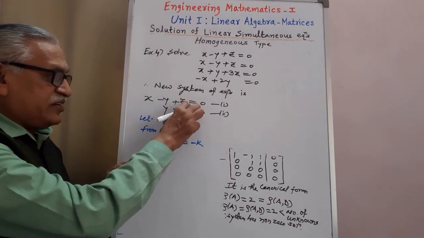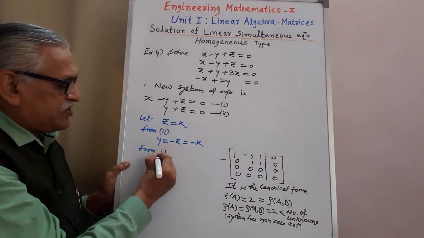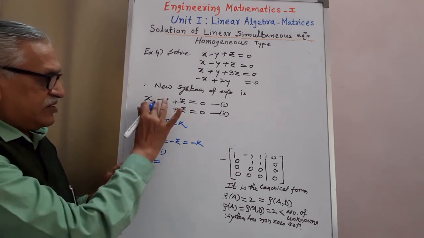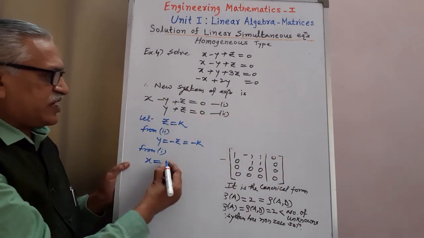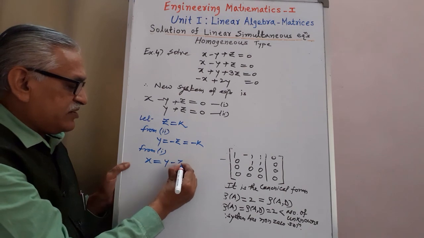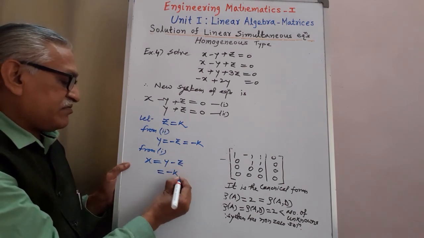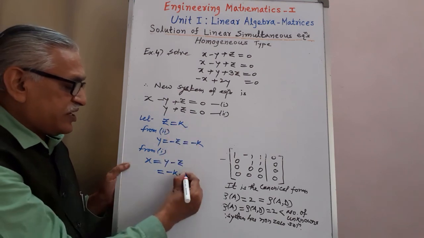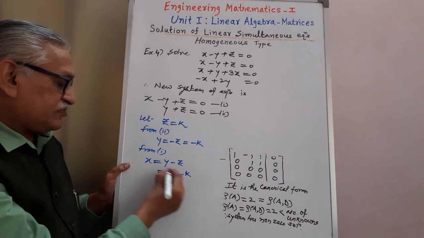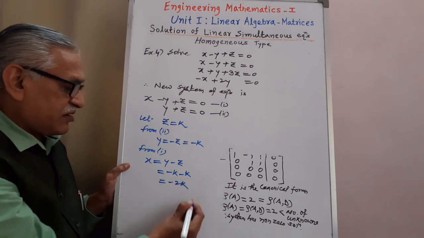Substituting these two values in the first equation, from equation 1 we get the value of x as, transferring these two terms to the right hand side, y minus z. The value of y is minus k, z is also k, and therefore we get the value of x as minus 2k.